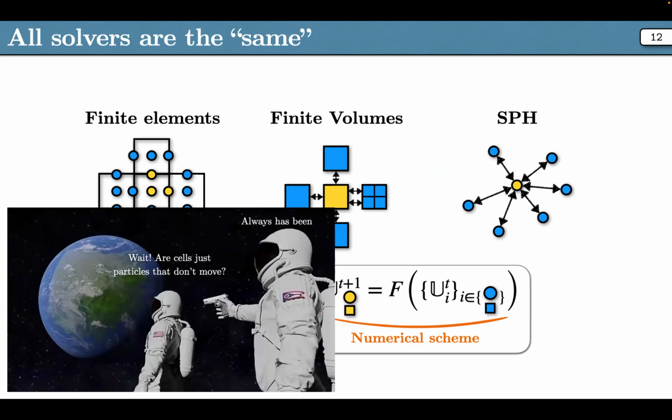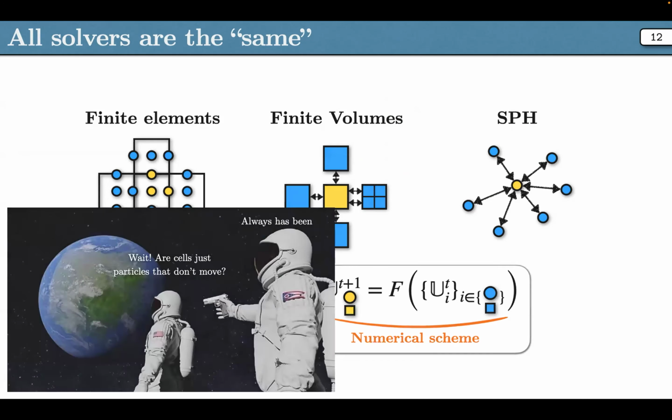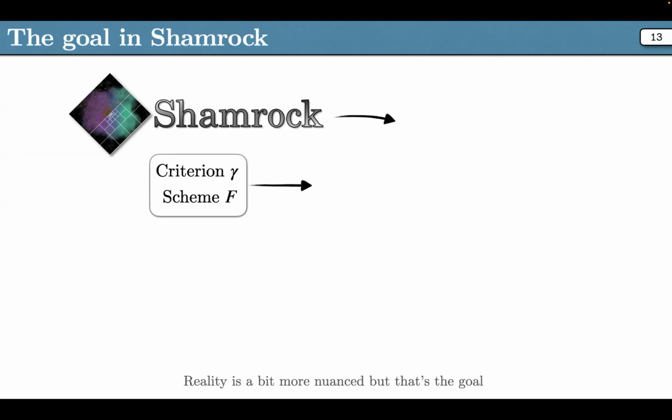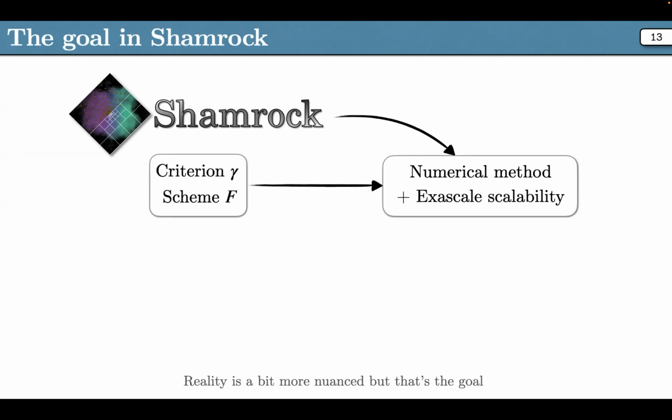Of course, this means that grid cells are just particles that don't move, and that's one of the ways we deal with that. So in Shamrock, we are trying to have a general framework where you can supply such a criterion and such a scheme and hopefully get a numerical method with exascale scalability.